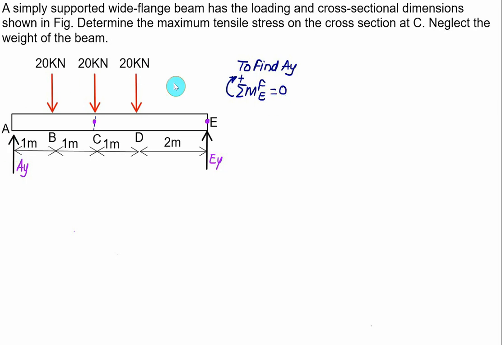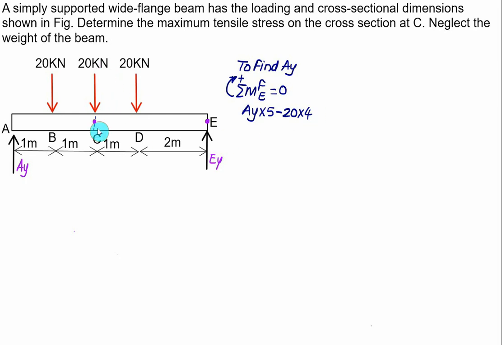AY will make a clockwise moment, and the total distance is 1 plus 2 plus 3 plus 2, which is 8. Hmm, the clockwise is positive, so we have AY into 5. The 20 kilonewton acting at point B will make an anti-clockwise moment, that will be negative, and the distance is 1 plus 1 plus 2, that is equal to 4. So we have minus 20 into 4.